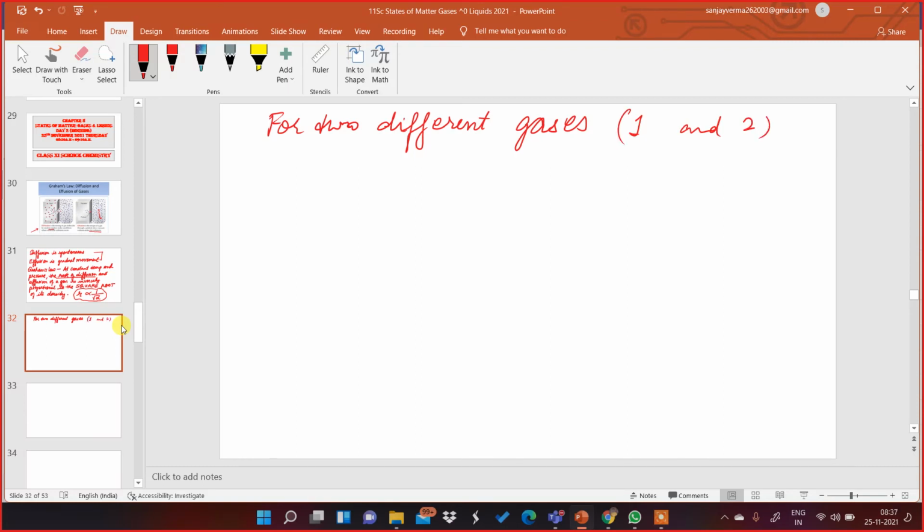Here I can write two equations. r1, the rate of diffusion of the first gas, is inversely proportional to the square root of its density d1, and r2 is inversely proportional to the square root of the density d2 of gas 2.